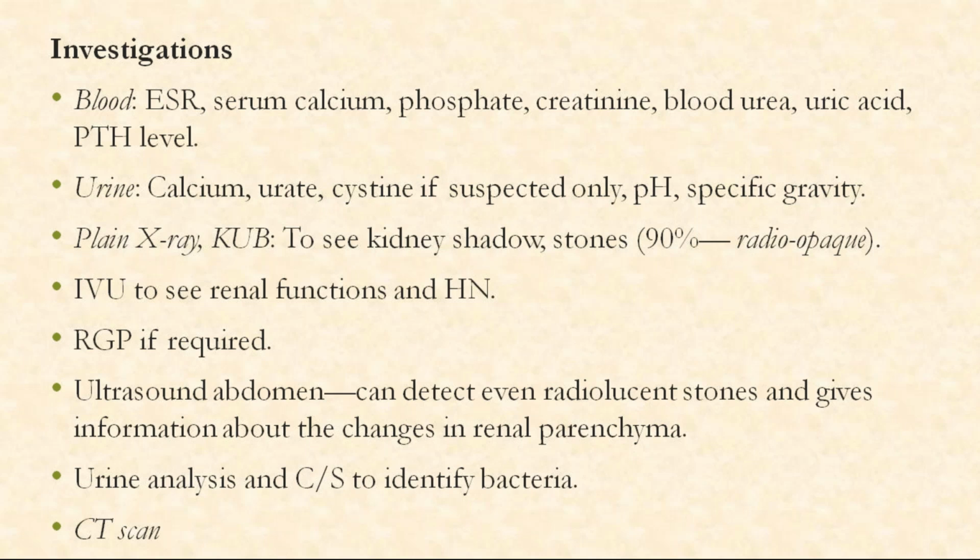You can easily detect where the stones are located, in the ureter or renal parenchyma, and whether it is radiolucent or not. Next, urinalysis and culture sensitivity, CT scan. These are all investigations to be done to identify whether the stone is there in the kidney or not.